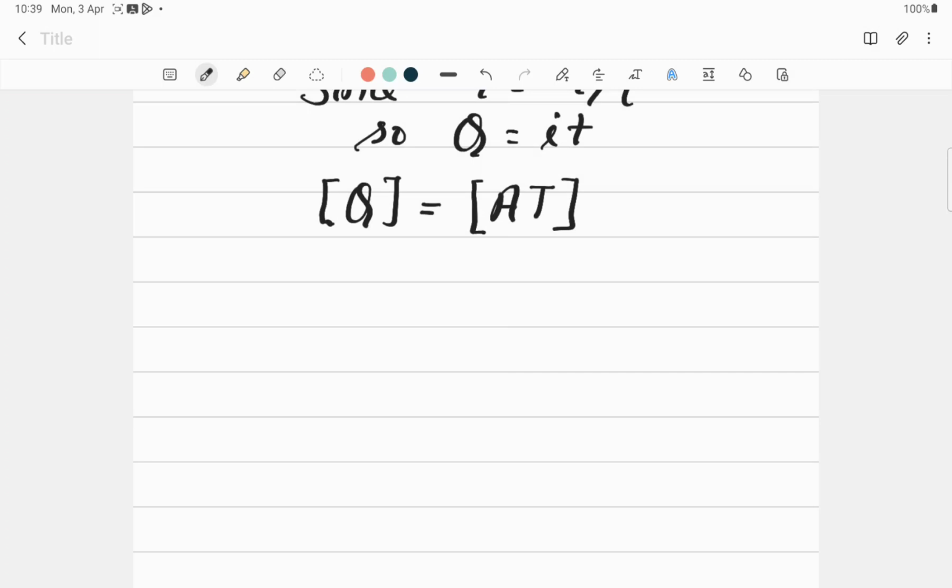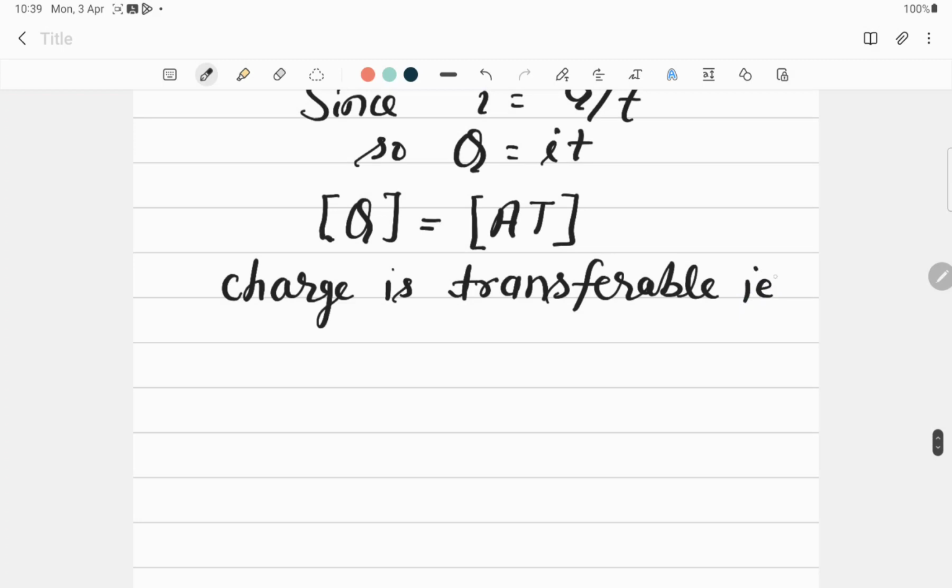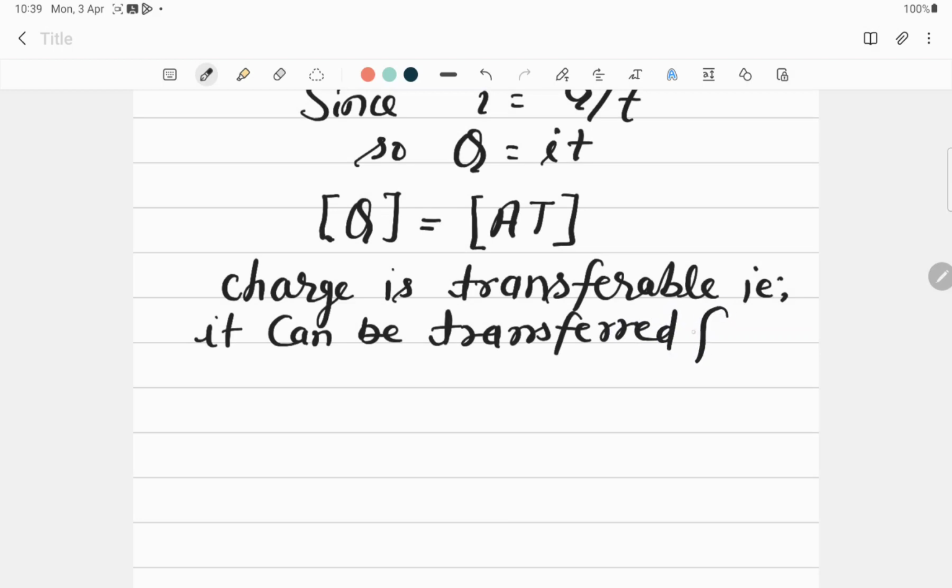Now also, one property of charge is that charge is transferable. It can be transferred from one body to another.